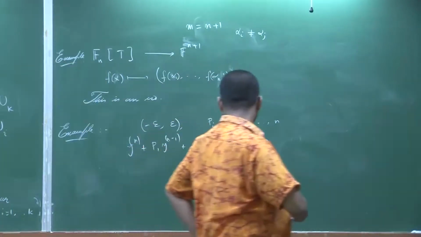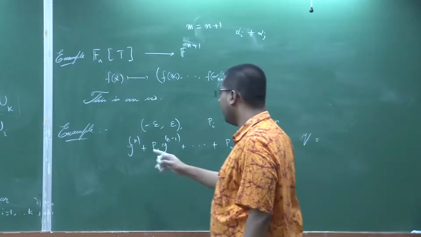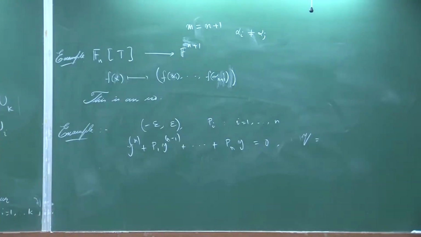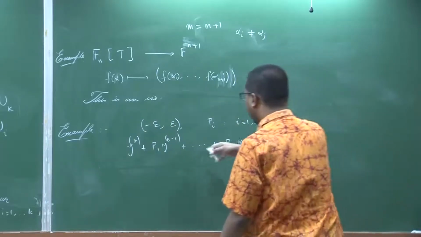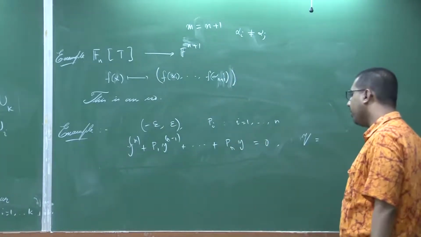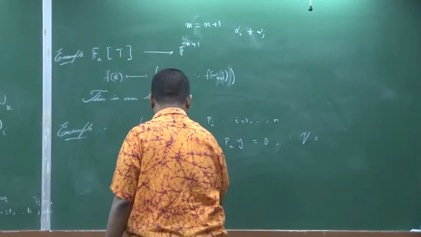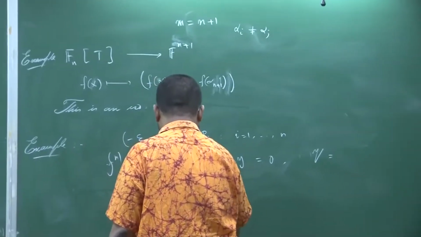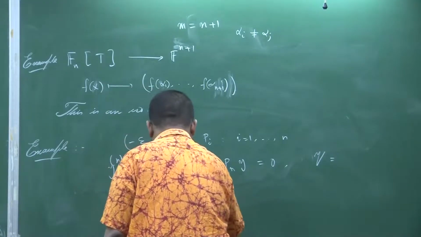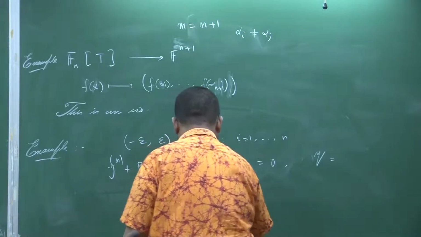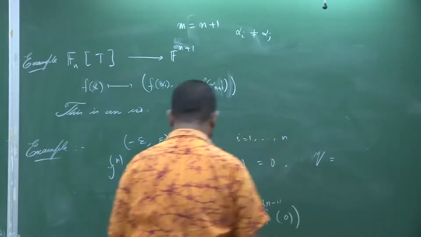Then we have defined that if we take all n-times continuously differentiable functions satisfying this differential equation, that forms a vector space over R. Now, V is the vector space there. Starting from V, we consider a map to R^n. So, what is the map? Any solution f goes to (f(0), f'(0), ..., f^(n-1)(0)).